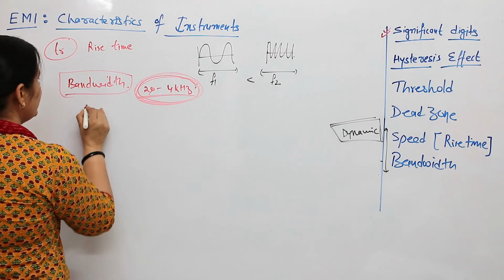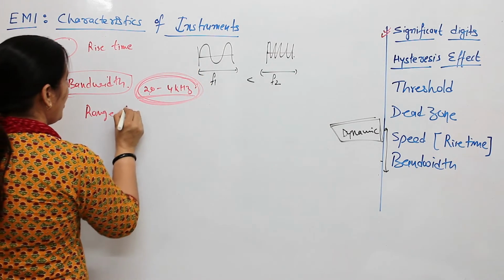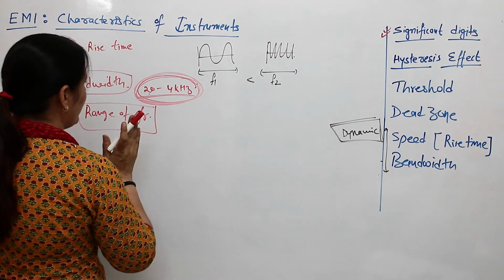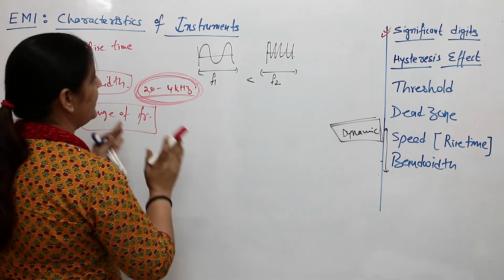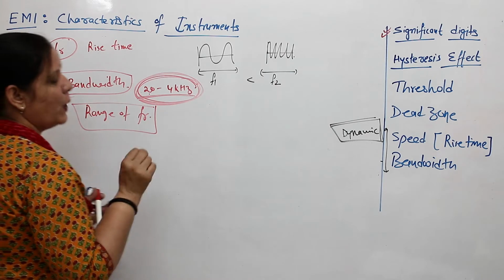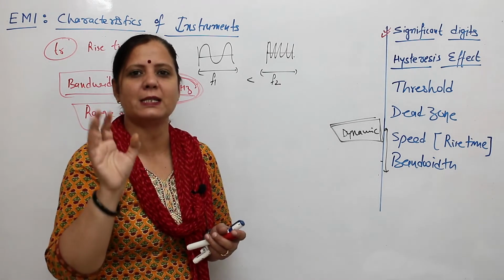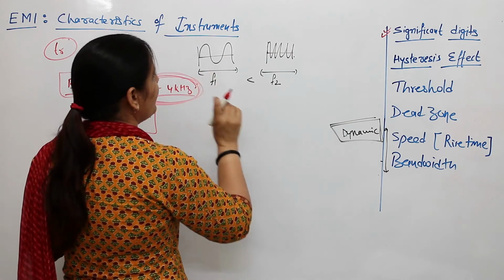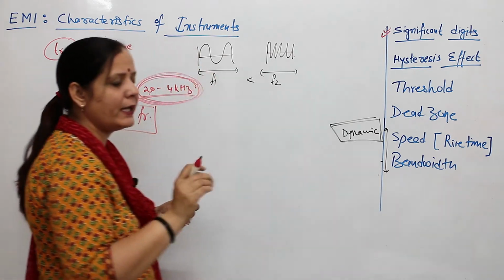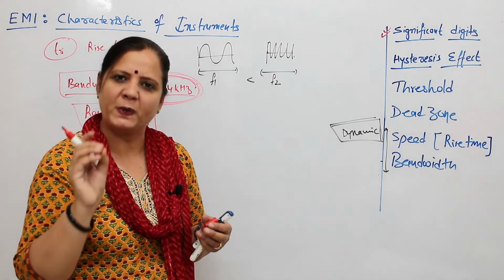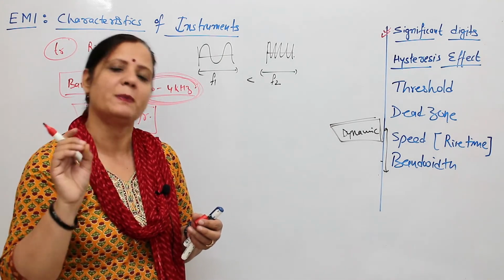So bandwidth is range of frequency. Bandwidth is the range of frequency for which our instrument should be able to measure the input signal. Be careful: if you are applying a fixed frequency signal that is a very high frequency signal, then you are concerned about only the rise time or speed of the measuring unit.